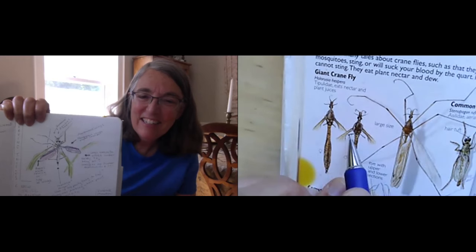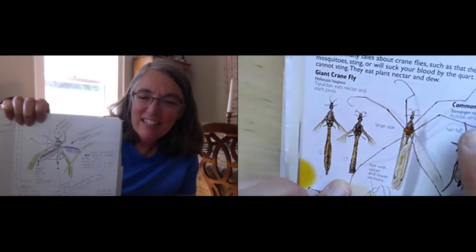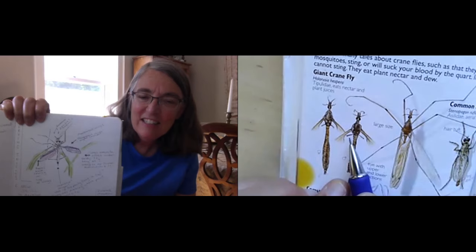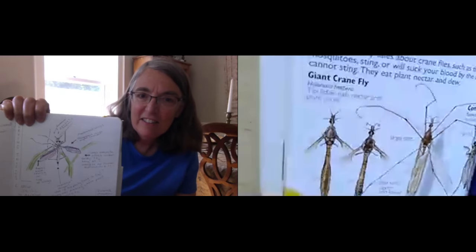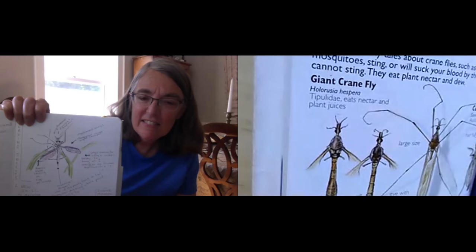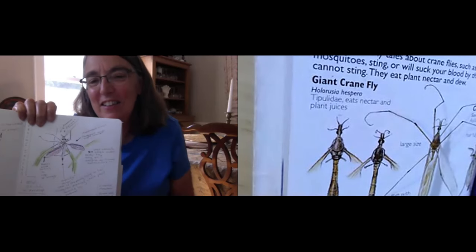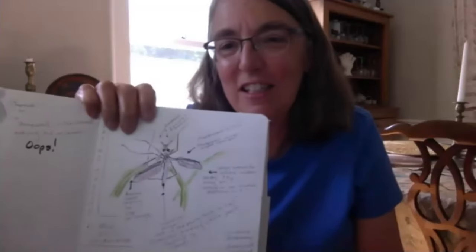And again, they call them halteres. I'm not sure exactly how to pronounce it or how to spell it. And they spin like little gyroscopes as the crane fly is buzzing around. So that's a really fun thing to look for on a crane fly. Cool.